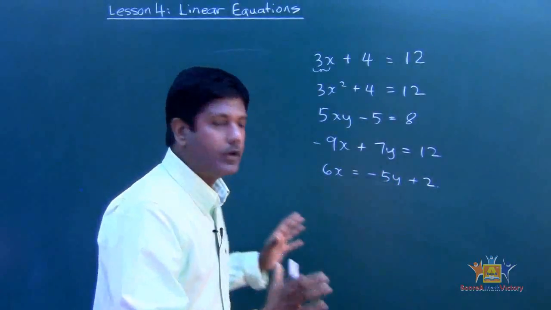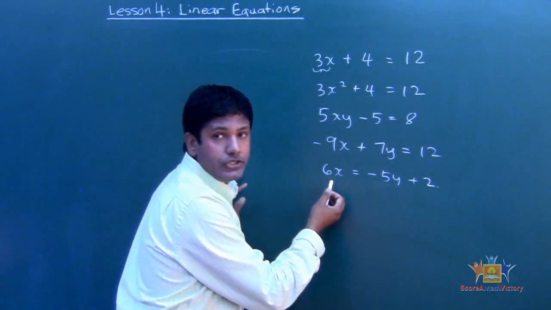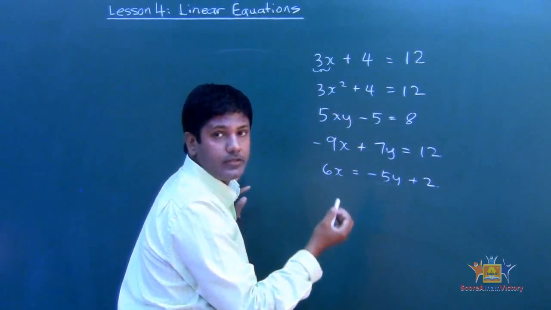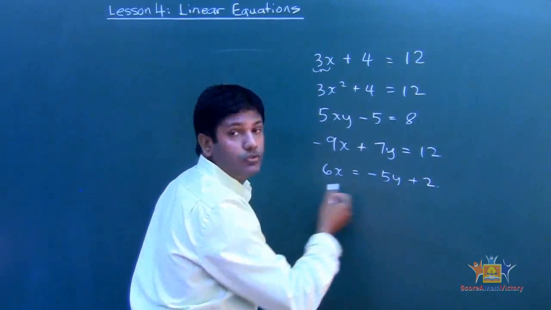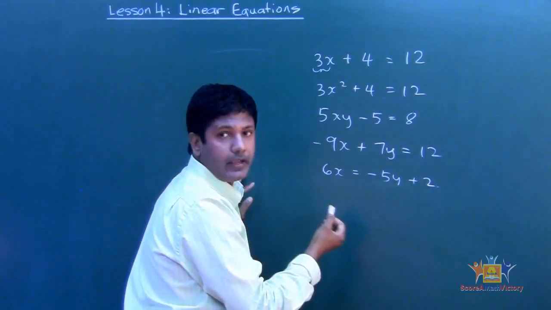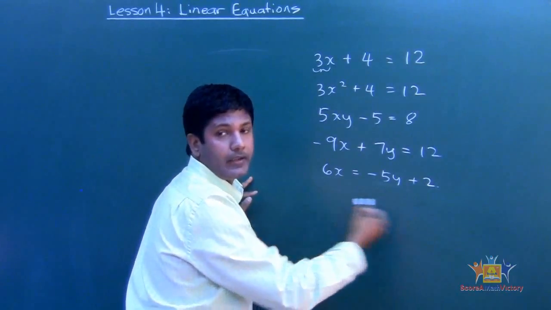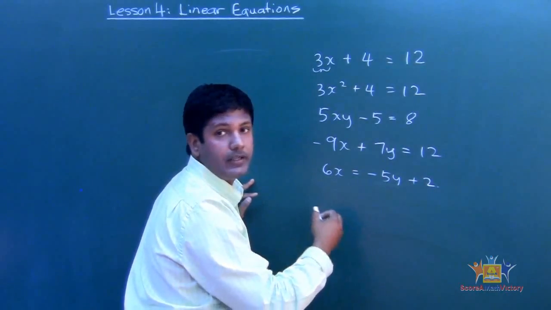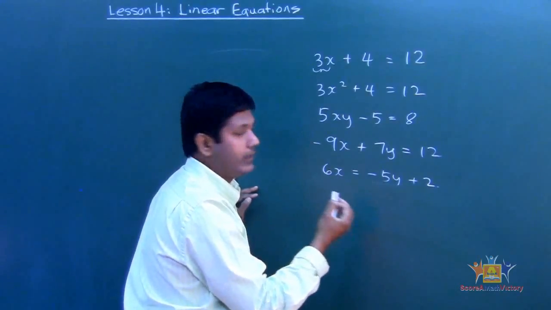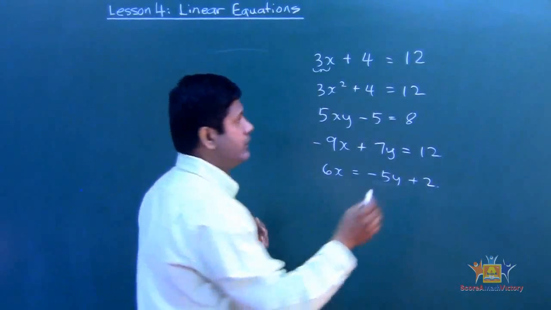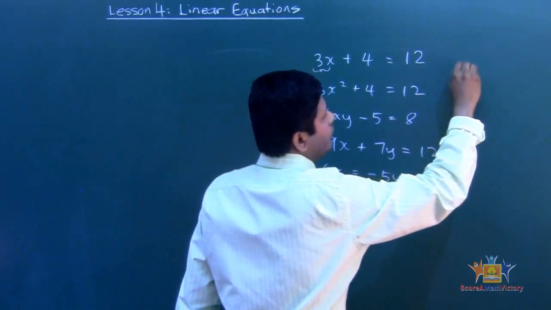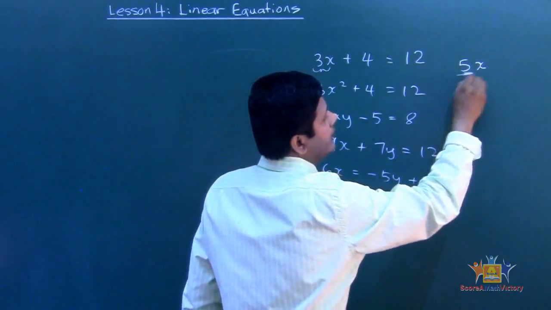So the key thing I want you to remember, okay? Each term has to have one unknown. That makes this exactly a linear algebraic expression, a linear algebraic equation. Okay, so the word equation, so we know the term. Okay, so let's say if I give you 5x, that's the term.